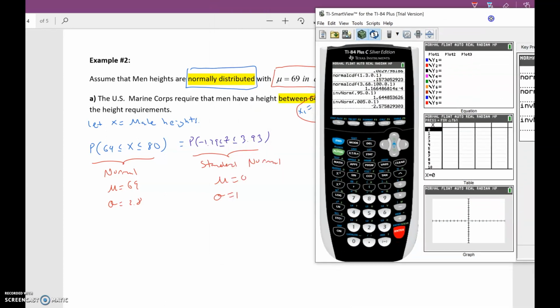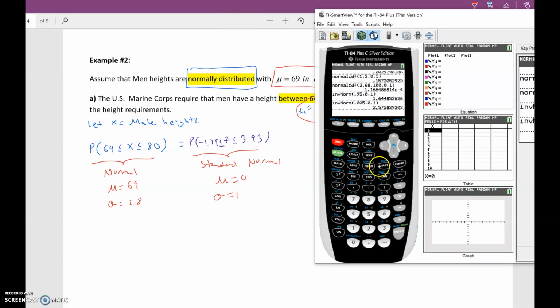So in this case, we're going to end up with a normal CDF. And this is negative 1.79. The second value, our upper bound, is 3.93.